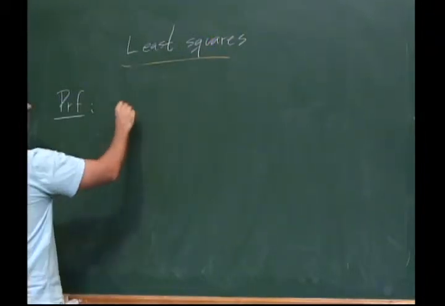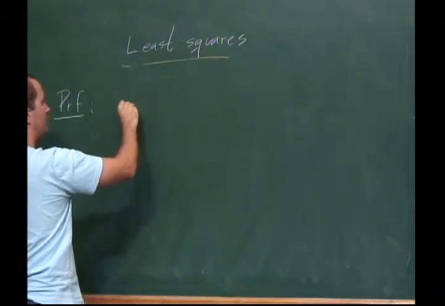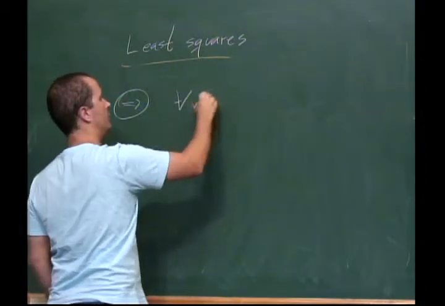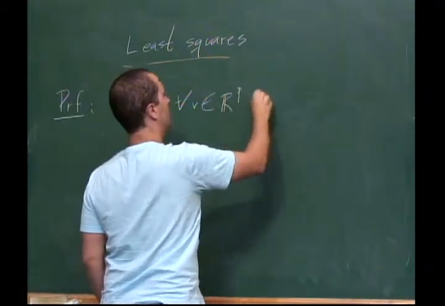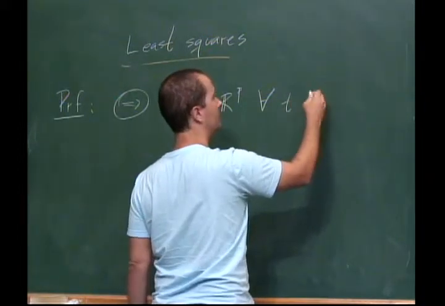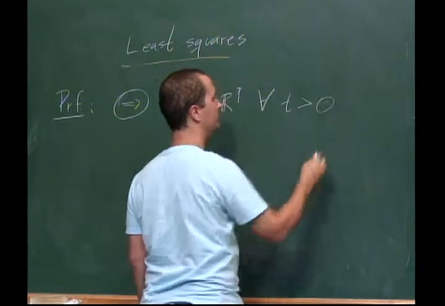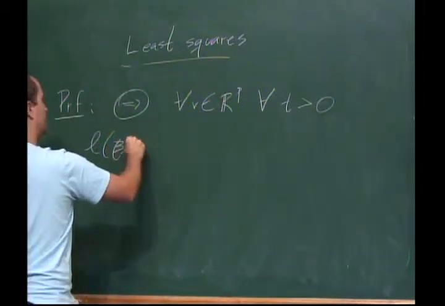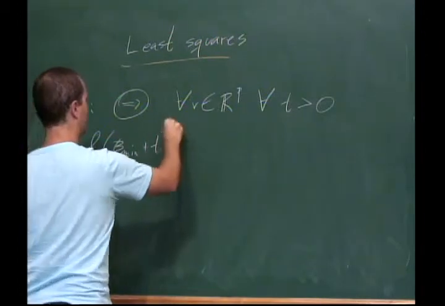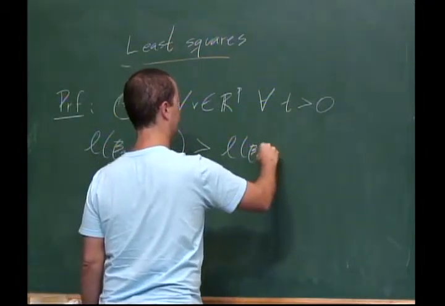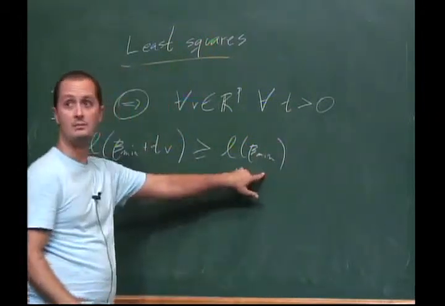And if we know that beta min is a minimizer, this is the direction I'm going to prove. So if you take any vector v in R^p and any scalar t greater than 0, we must have that L of beta min plus t times v is greater than L of beta min, because this is a minimizer.